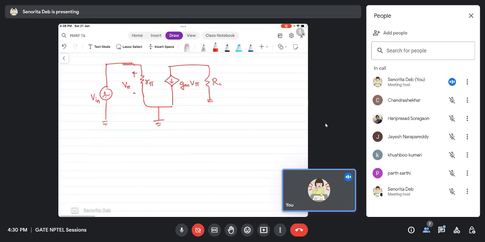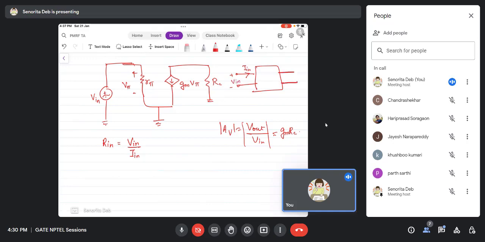So now we already have the magnitude of Av, Vout by Vin, that is gm RC. Now let us see what Rin is. Rin is the input resistance, input voltage divided by input current. If we have a two-port network like this, then Vin by Iin is Rin.